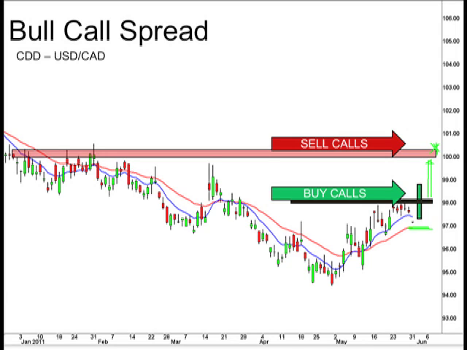Those call options are all time value, and unless the pair is trading above 100, or above the written strike price, then they're going to expire worthless. That lowers our cost basis, lowers our break-even point, and creates a strategy where we've had to commit less capital, and we're using our price charts to navigate through the trade itself.